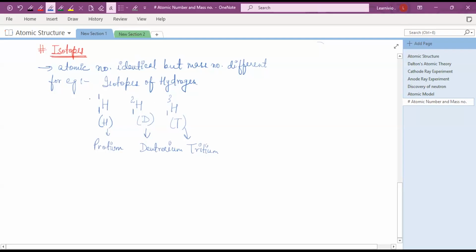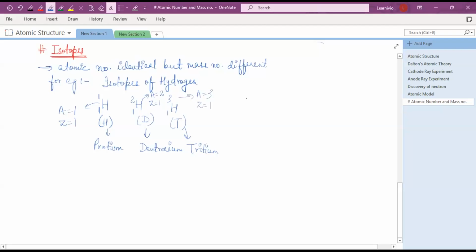For protium, A is 1 and Z is also 1. For deuterium, A is 2, but Z is 1 because the atomic number stays the same. Here the mass number is 3, but the atomic number is the same.